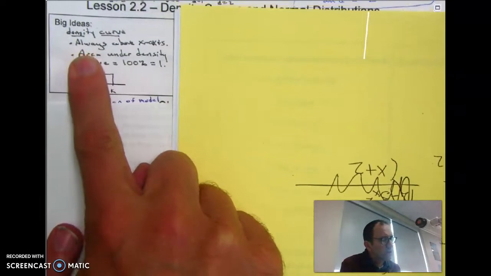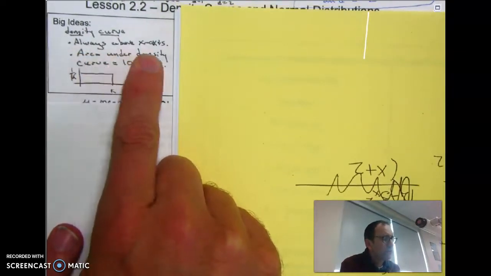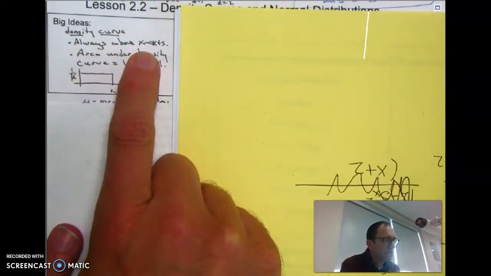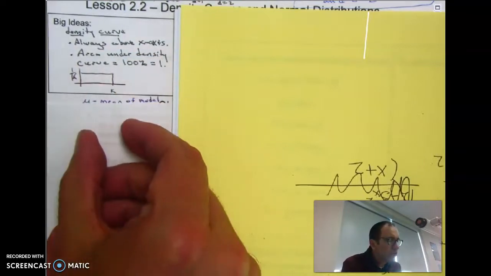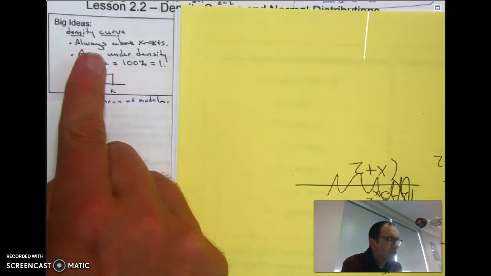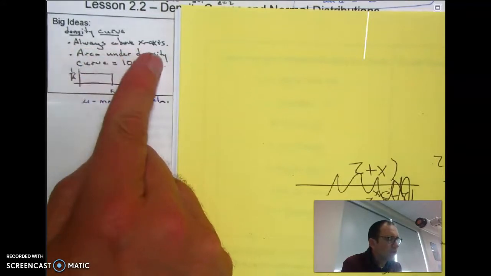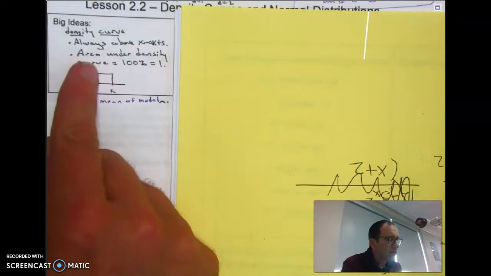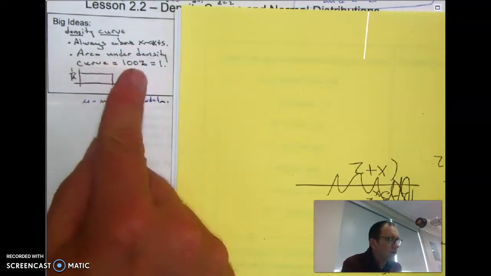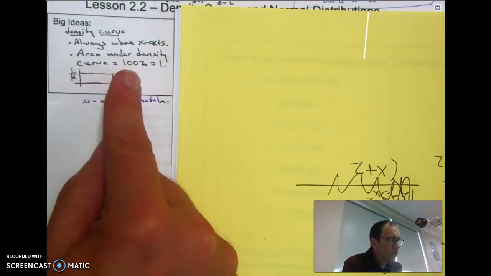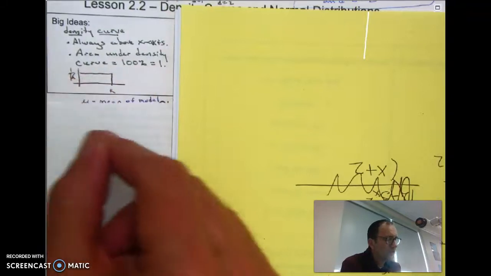And because the area of those curves represented the percentage of scores between two given values, the density curve connecting the midpoints of the rectangles of the histogram always has to be above the x-axis. And the area under the density curve will always add up to 100% or 1.